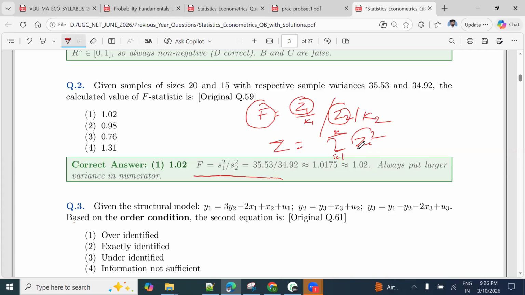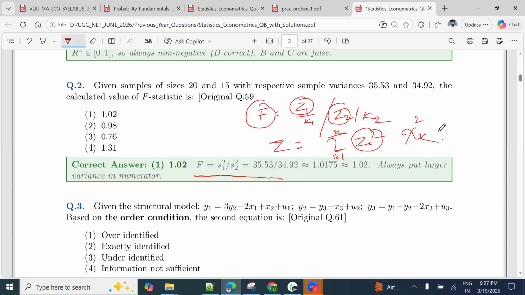So the summation of Zi square is said to follow the chi-square distribution with K degrees of freedom. So we write: chi-square distribution with K degrees of freedom.